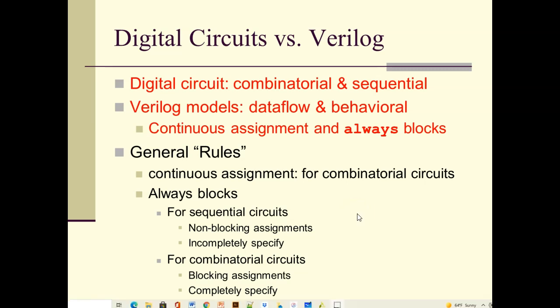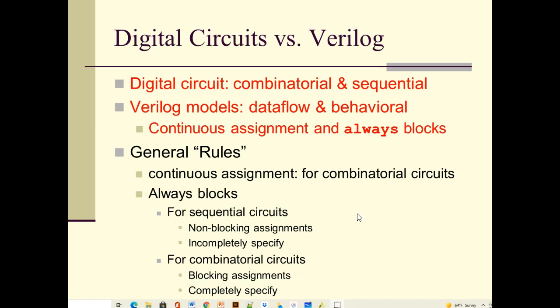With always blocks, you're able to model both sequential and combinatorial circuits, but when you model a sequential circuit, you are going to use nothing but non-blocking assignment statements. Additionally, you are going to incompletely specify the outputs in that circuit, so you are not going to provide an output for every single input combination.